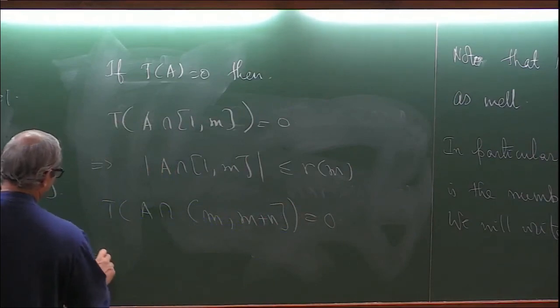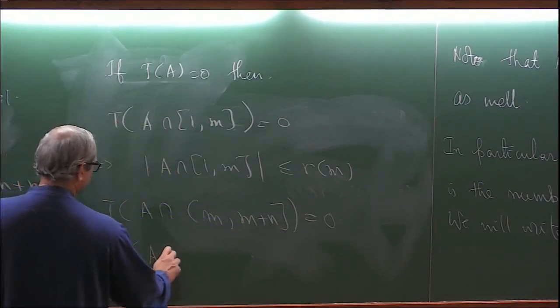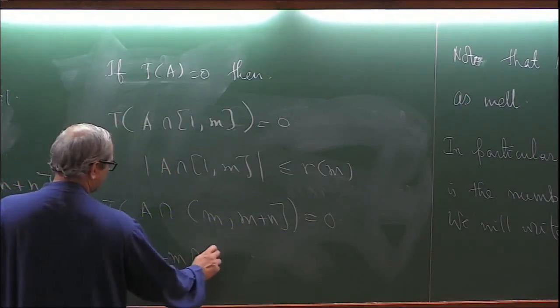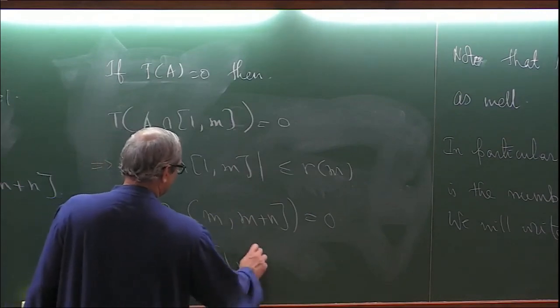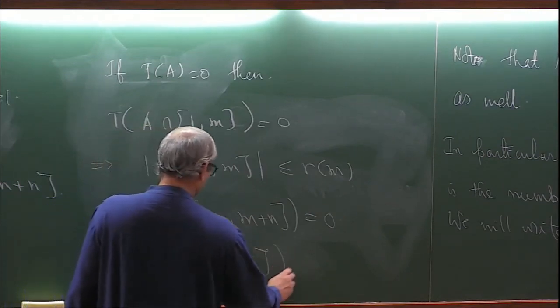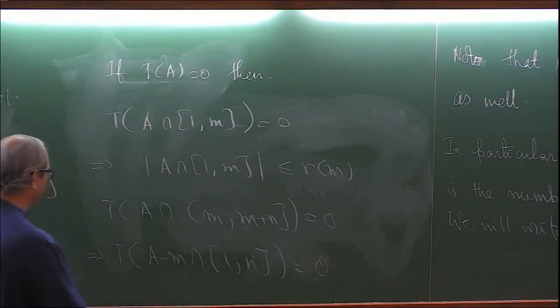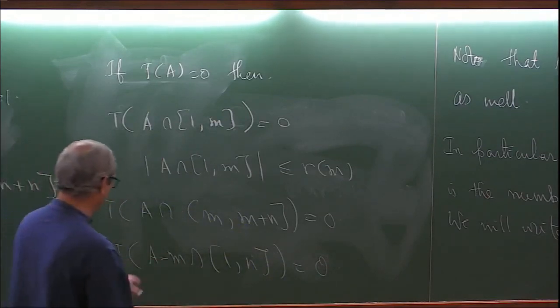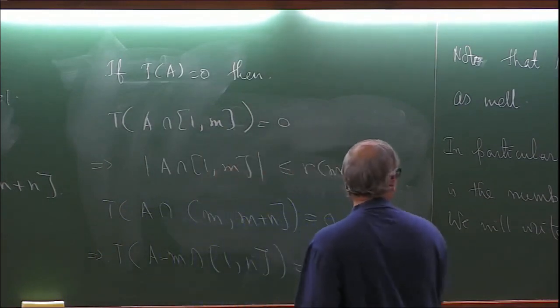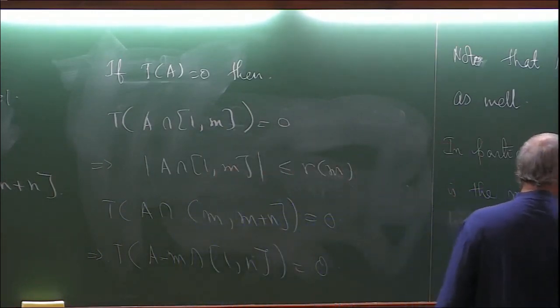This implies that T of (A minus m) intersection 1 to n is 0, and this implies that the cardinality is less than or equal to r of n.